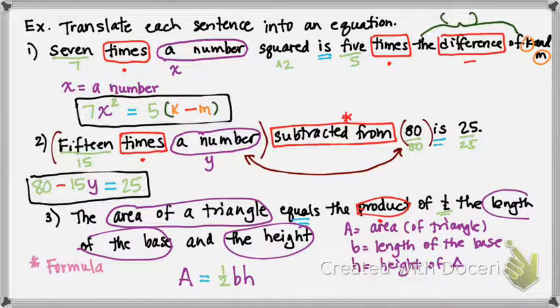Okay? All right, I've got one more thing. We're going to go the other direction, and then we'll be done with this double set of notes. So the last one's going to make us go the other direction. So let me start with the example. We're going to ask you to translate into a sentence.